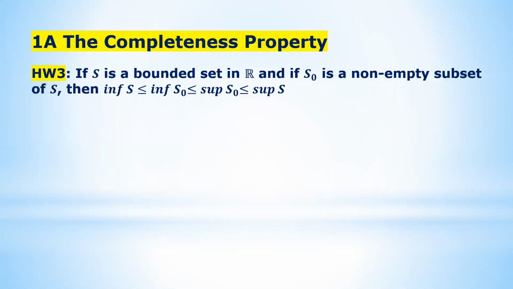Number 3 is that let's say you have an S, and then you have an S naught, a non-empty subset, and you want to show that the infimum and supremum will satisfy this relationship. And last time I demonstrated one side of the proof already. So this one, I think there's no problem for you to write the proof.